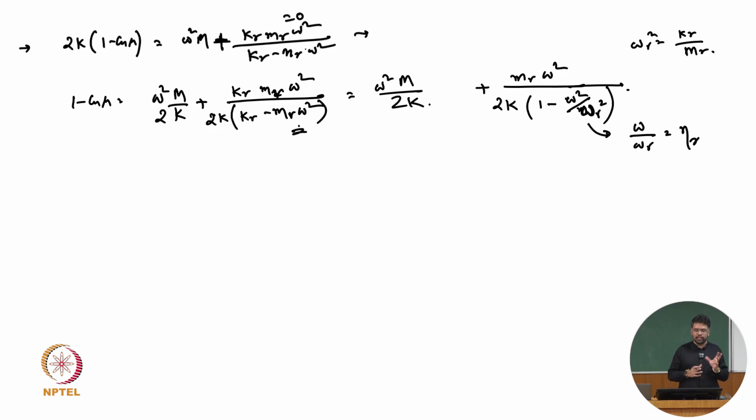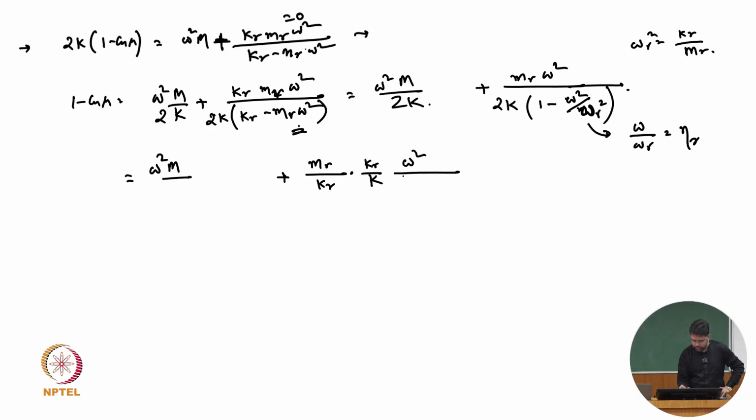So that way we can easily rewrite the full thing. So omega square m, so here it will come m_r divided by k_r omega square.